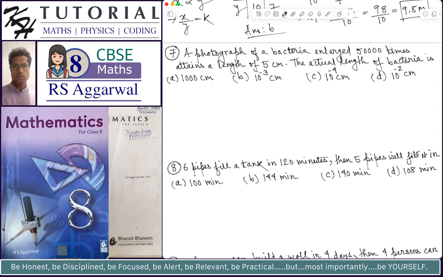So the one quantity is the actual length of the bacteria. What is the other quantity? A photograph of a bacteria enlarged 50,000 times attains a length of 5 centimeter.